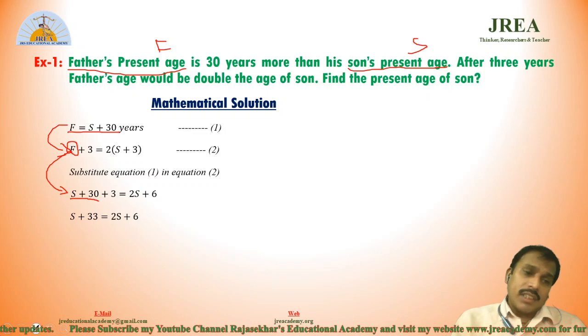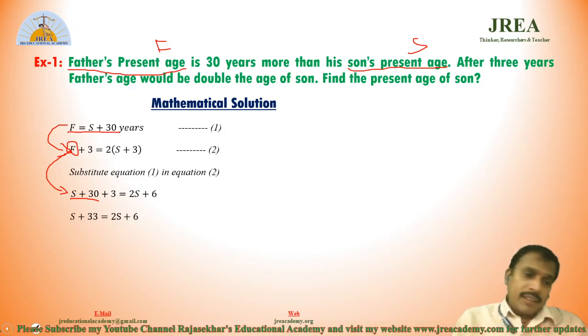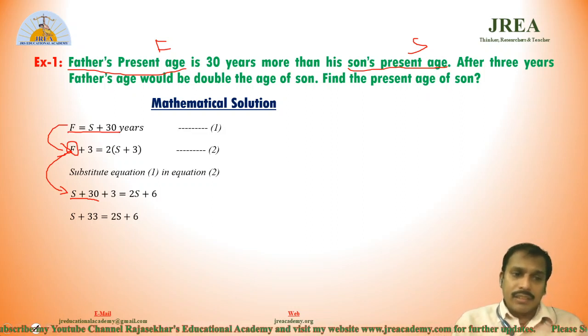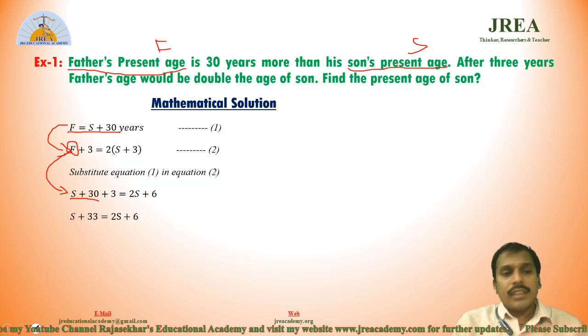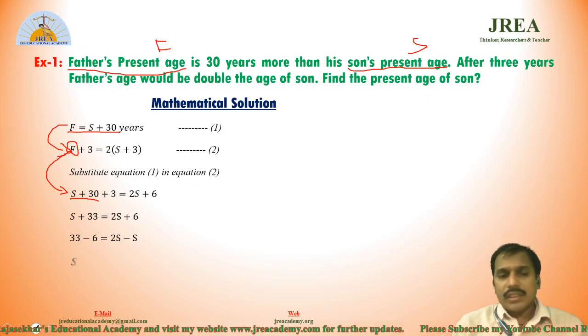Take the values to the LHS and bring S to the RHS. You get 33 minus 6 equals 2S minus S. 33 minus 6 is 27, and 2S minus S is S. That means S equals 27 years.